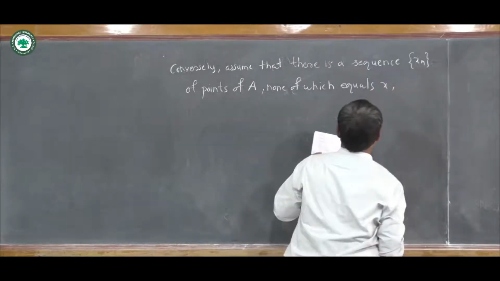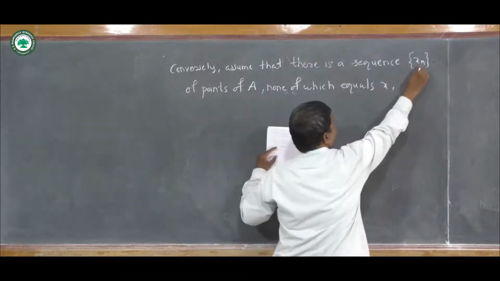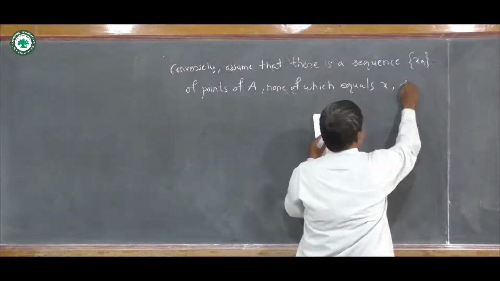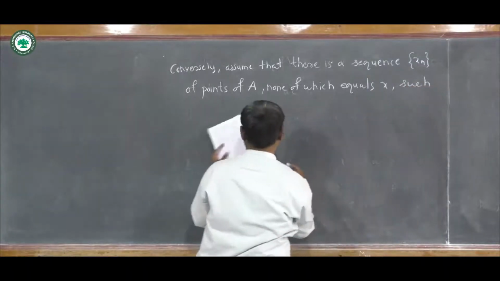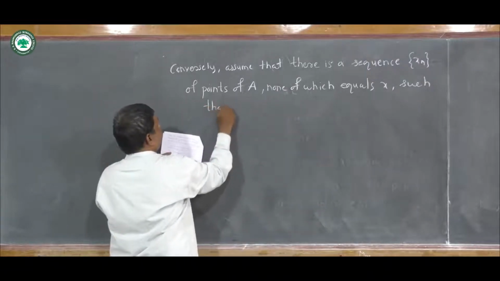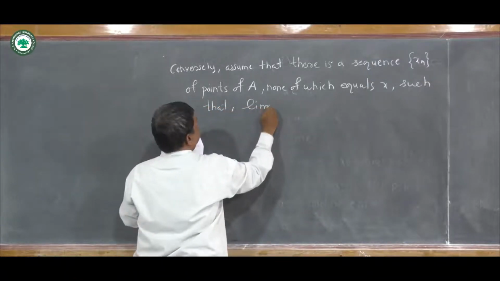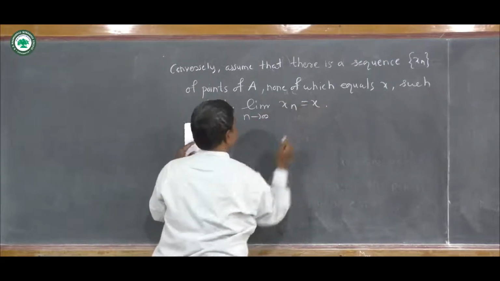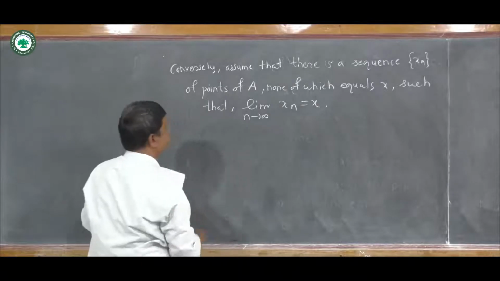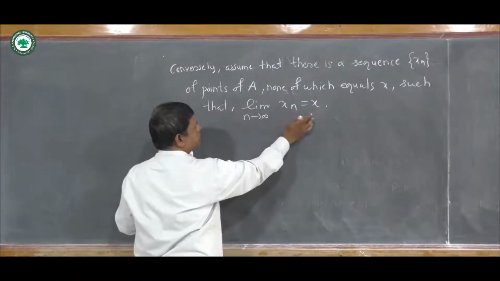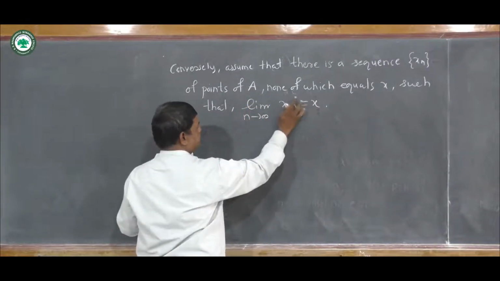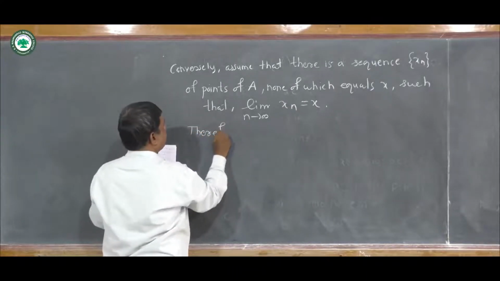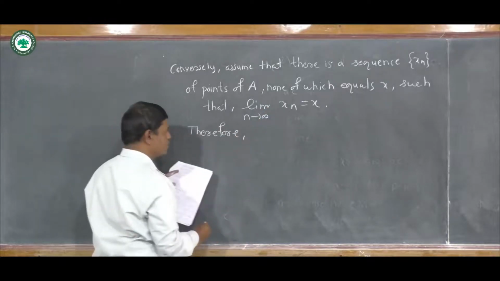That is, all the terms of this sequence are different from x, such that limit n tends to infinity of xn is equal to x. Now the limit of this sequence is x, that is, this sequence is convergent.